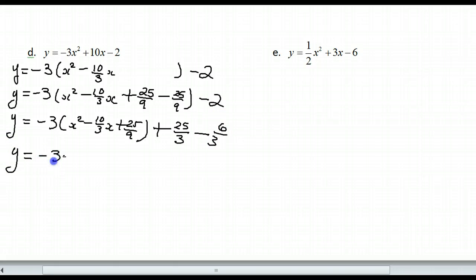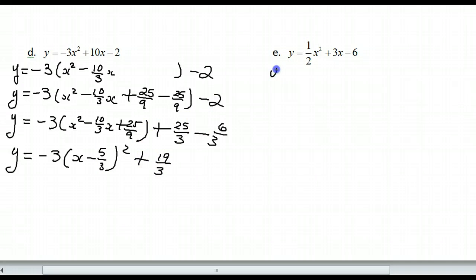Y equals -3. This now gets written in factored form. This is a trinomial square. X minus, remember it's half of this. Half of this is 5/3. 5/3, quantity squared, plus 19/3.